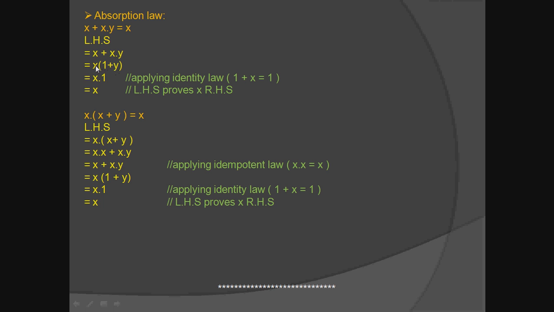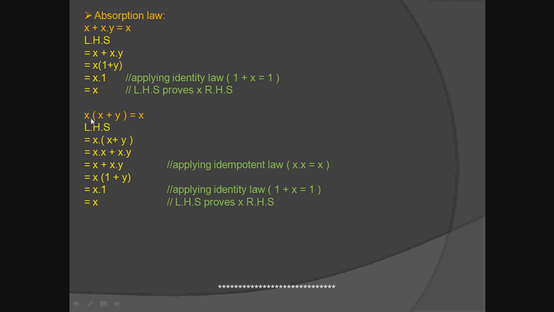Next step we can make this x dot 1, because we apply the identity law, that 1 plus y, like 1 plus x, equals 1. So in place of 1 plus y we can write 1, which proves that RHS equals x.